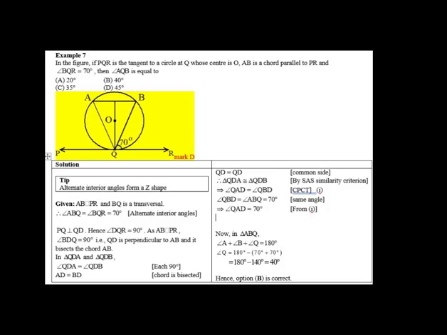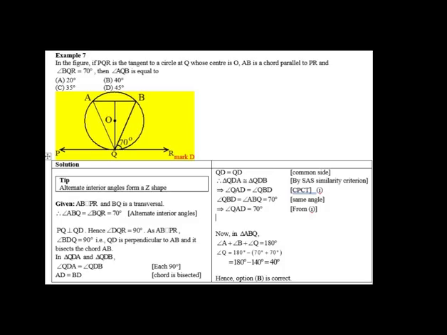In triangle QDA and triangle QDB, angle QDA is equal to angle QDB, each 90 degree. AD is equal to BD because the chord is bisected. QD is common. Therefore, triangle QDA is congruent to triangle QDB by SAS congruence, which implies angle QAD is equal to angle QBD because corresponding parts of congruent triangles are equal.